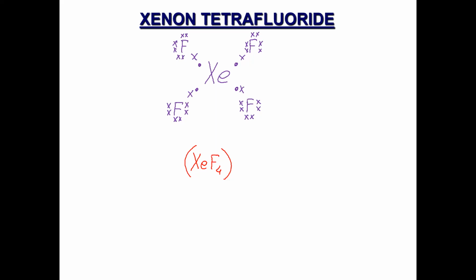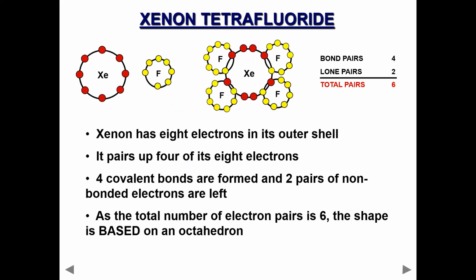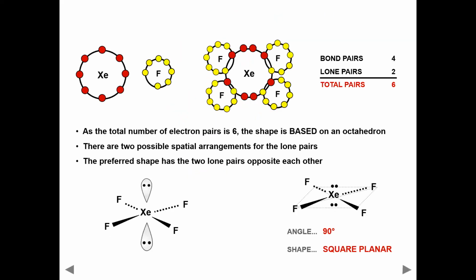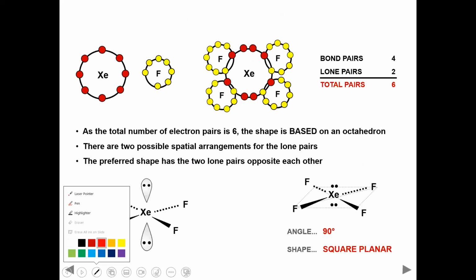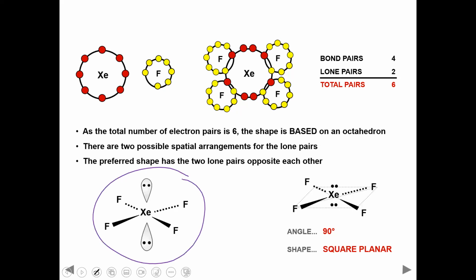Xenon tetrafluoride, you can see this diagram, it's a dot and cross diagram, and you can easily guess that xenon tetrafluoride is a molecule which you can now see on the screen. Look, this is xenon tetrafluoride, and you can identify how many lone pairs are there.